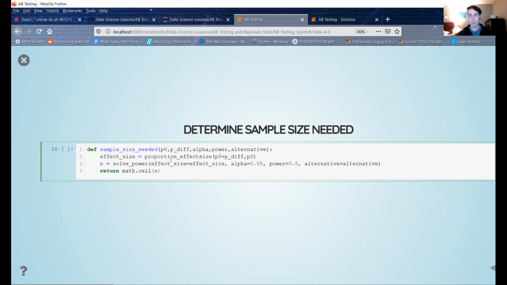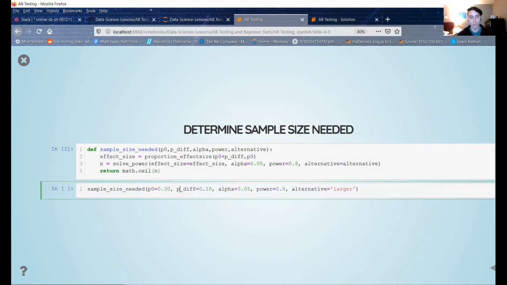It'll be like a decimal. So we're just going to round it up because we would need a whole number of samples. So using this, we can plug in here. So it's going to take the current proportion of the population. So right now we're getting a 30% conversion rate to a purchase. And then we want to detect a difference of 10%.